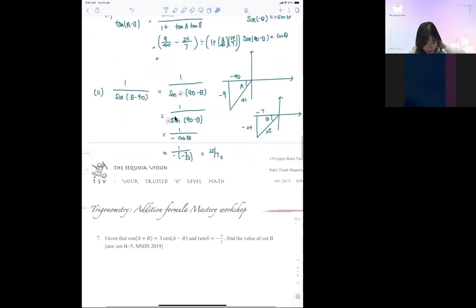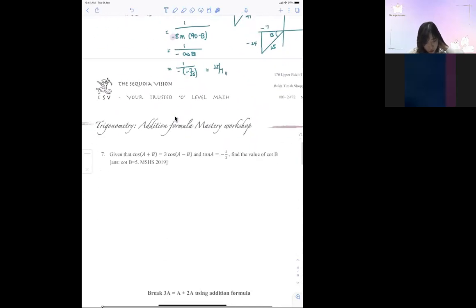Okay, next one. This one, you confirm have to expand the bracket. So we expand first. Cosine A plus B is cosine A cosine B minus sine A sine B. Then this one you have cosine A cosine B plus sine A sine B. So what I can do is put the 3 inside.